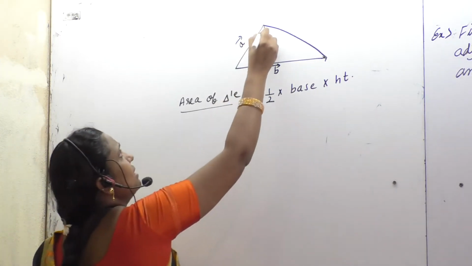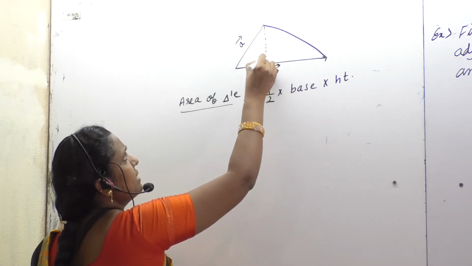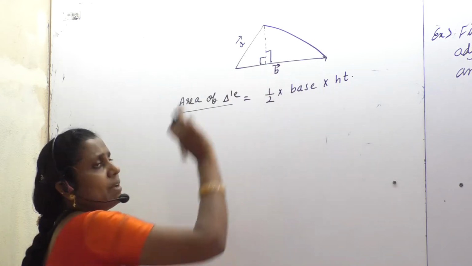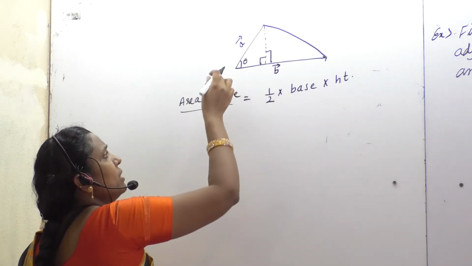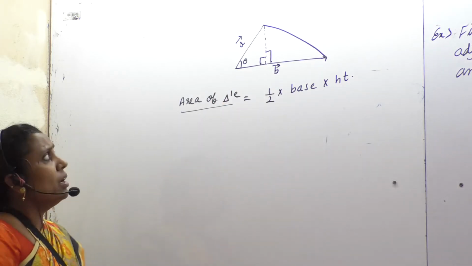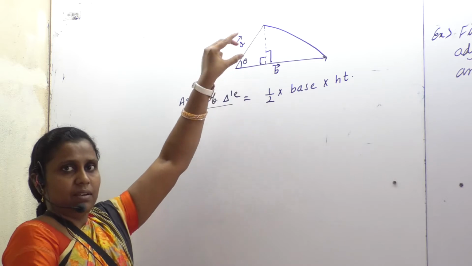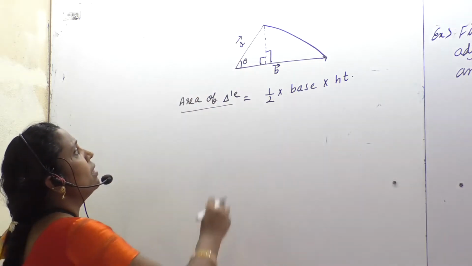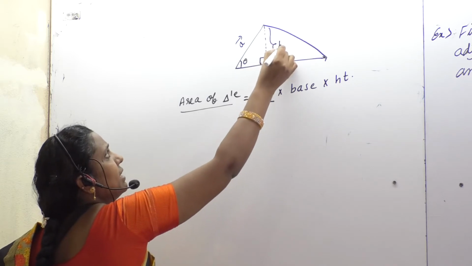Then in this case what I will do, I will just go for the construction. Height, perpendicular distance, this I will construct, and the acute angle theta is the angle between A and B. Now what happens with this construction, alternate this one. 90 degree perpendicular. This is considered as height. Am I right? This is height.